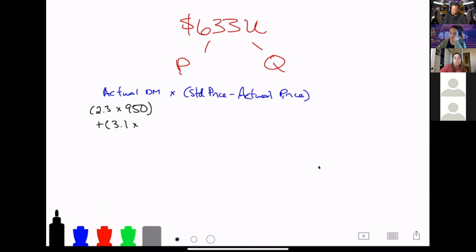Plus we had 3.1 wheels for every tricycle, and there were 375 tricycles. You multiply that, add it up, that gives us 3,348.